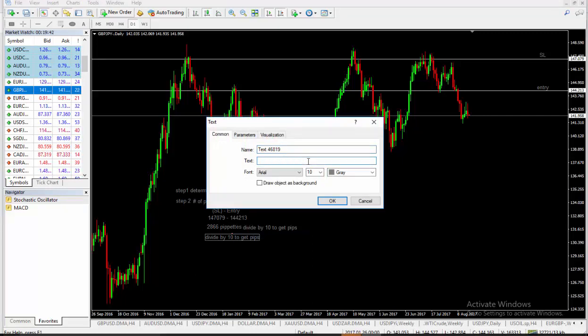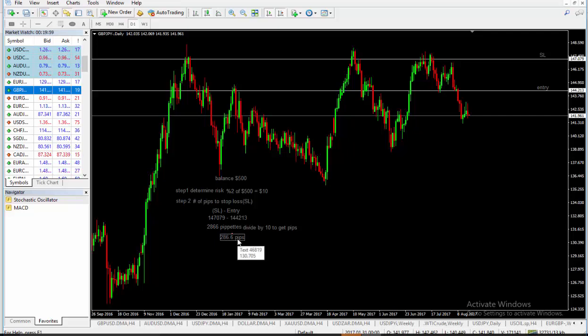Okay, let's do it together. 2866 divided by 10 gives you 286.6 pips. Now step 2 is done. Now we have pips. Understand? Now we are moving to step 3.